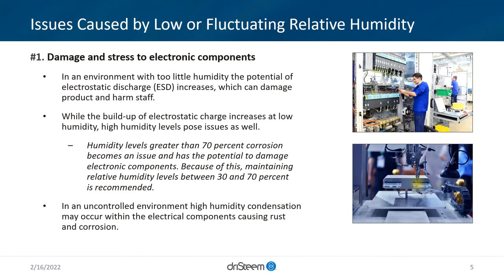So issues caused by low or fluctuating relative humidity is really the damage that electrostatic discharge can create when we're not within a specifiable range. When we talk about ESD, it's 30 to 70% that is the recommendation.